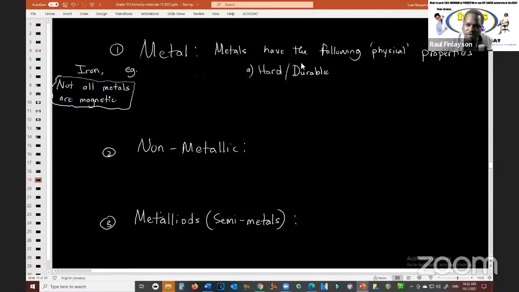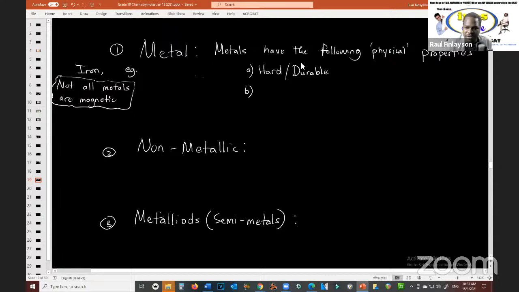It basically means that it can last a long time. So you use it to make objects that you want to last a long time. Hard or durable, so it can withstand a lot of pressure as well. So hardness is one.